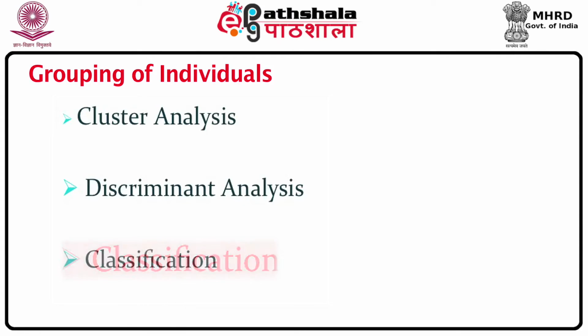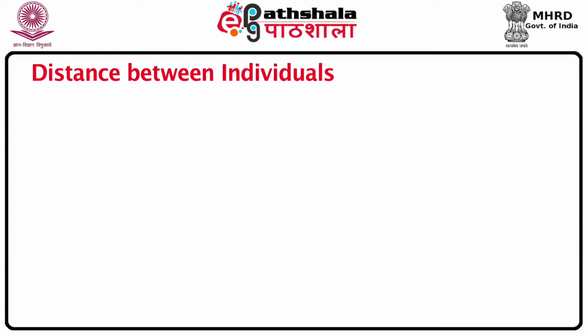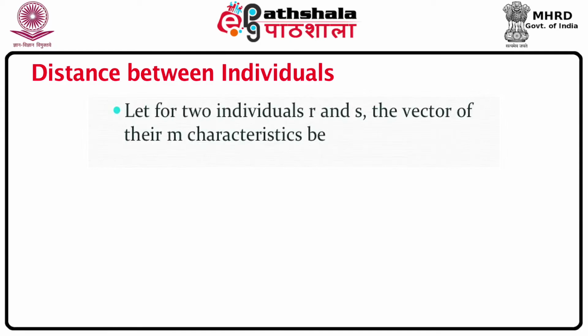Now, to look at the grouping problem, first we look at cluster analysis in this study. To do cluster analysis, we need to look at the distance between two individuals. What is meant by distance between two individuals is that we have several characteristics of these individuals.